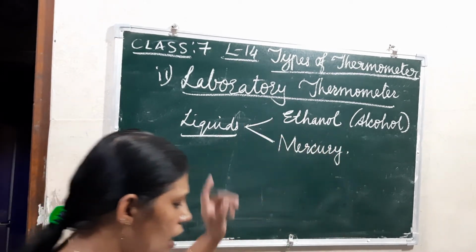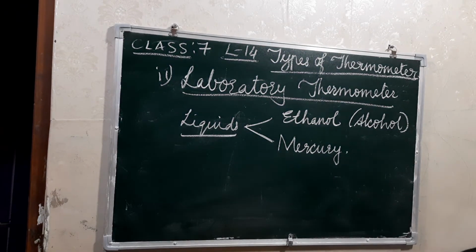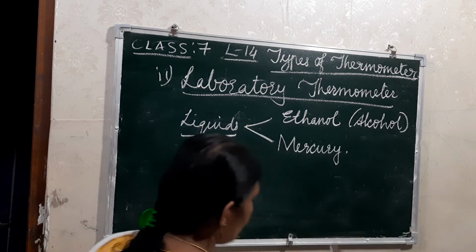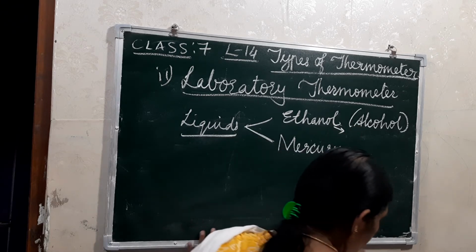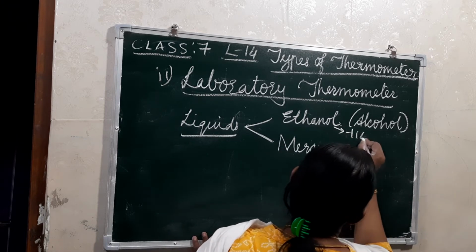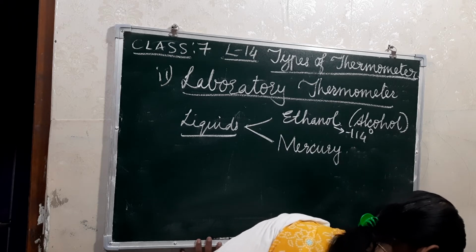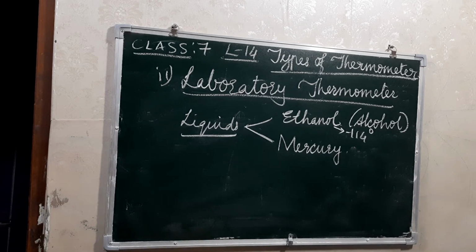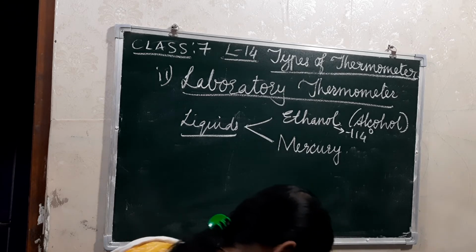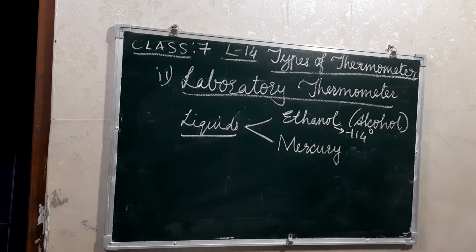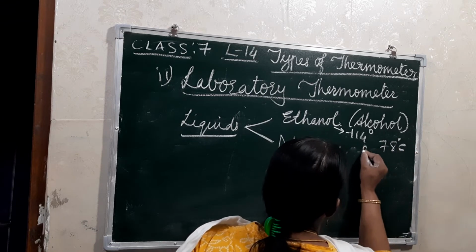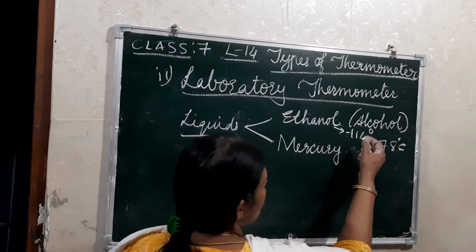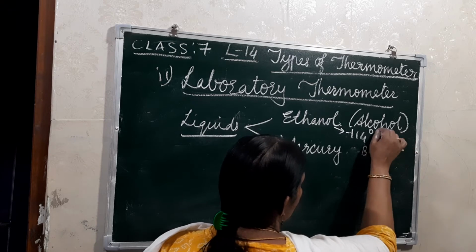The freezing point of ethanol is minus 114 degrees, and its boiling point is 78 degrees. FP means freezing point.